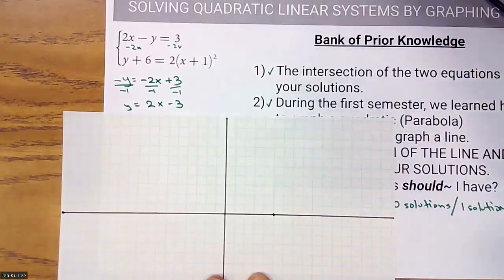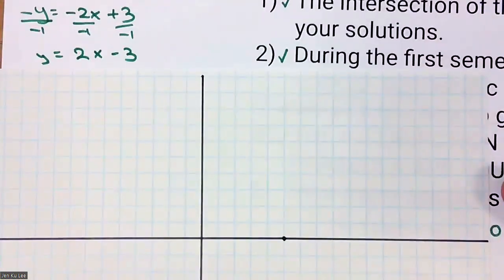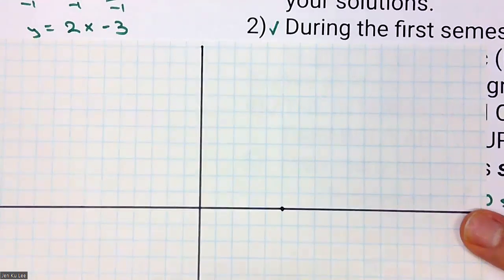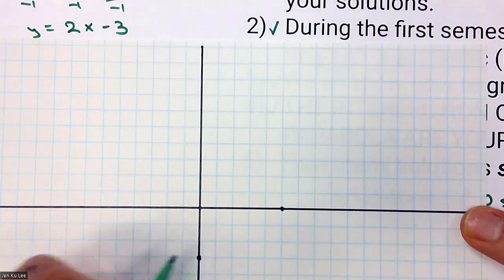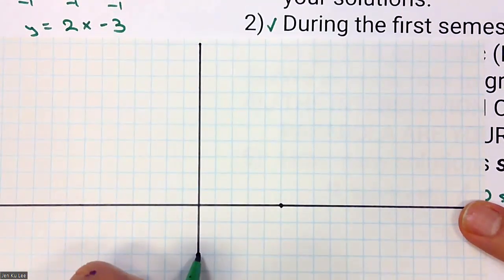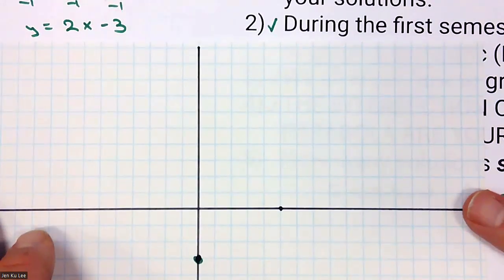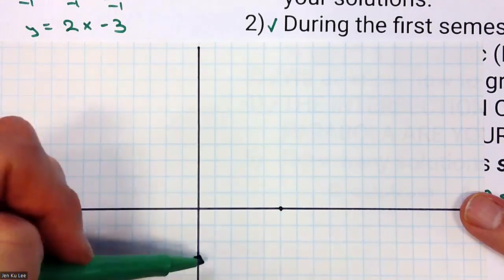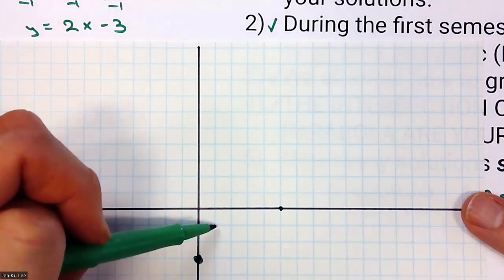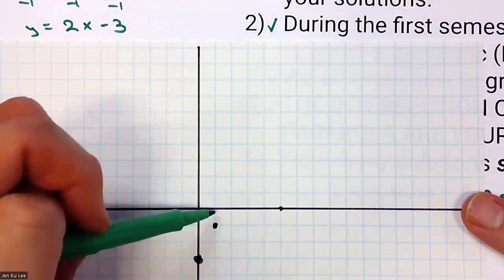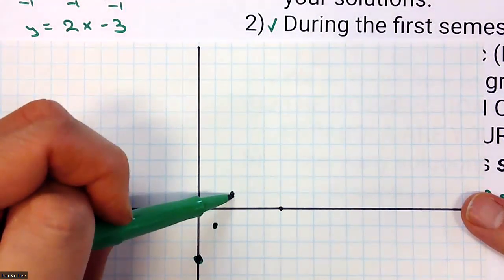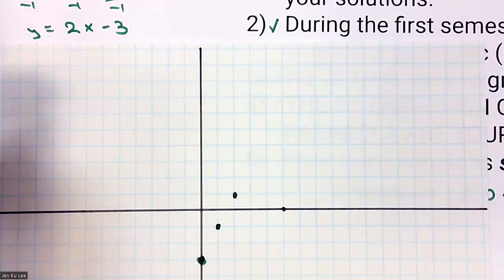Here, I'm going to start off with negative 3 on my y-axis, because that's my y-intercept. My slope is positive 2 over 1. That means I'm going to go up 2, over to the right 1, up 2, over to the right 1, and so on and so forth.